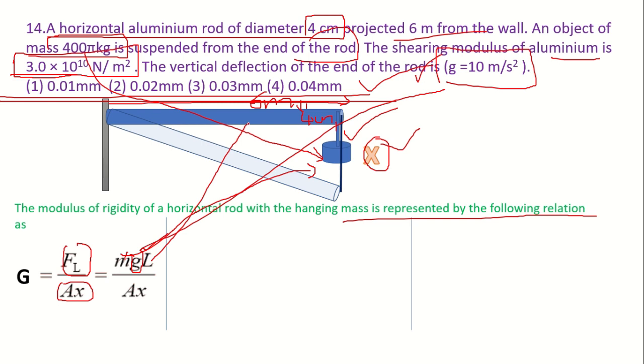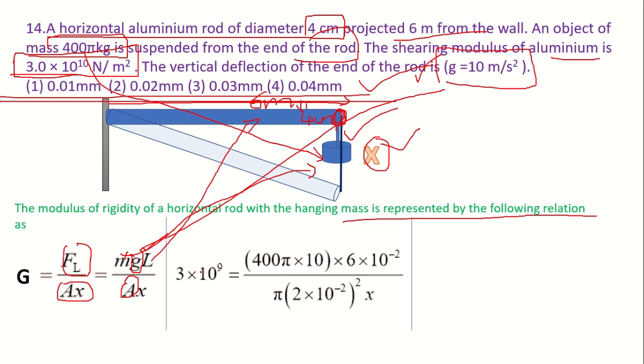L we know is 6 meters, and for A, remember that we have to consider the cross sectional area. If you substitute all the values, the load applied is 400 pi into g is 10 from here, and L is equal to 6 meters.